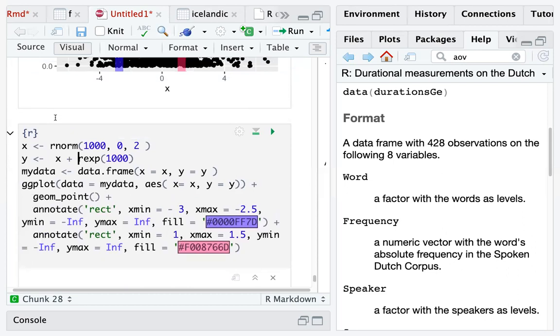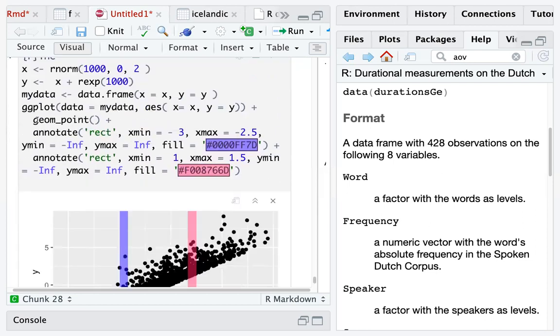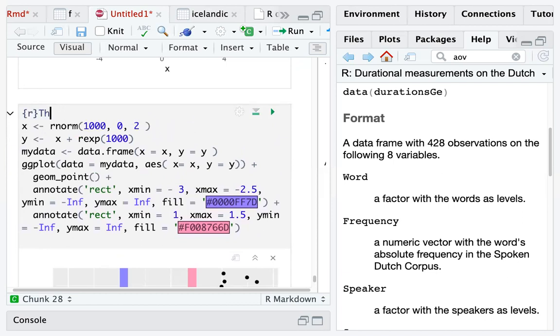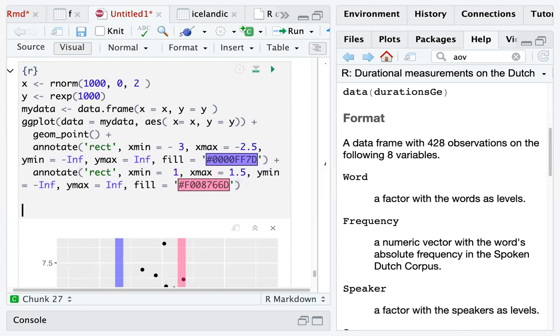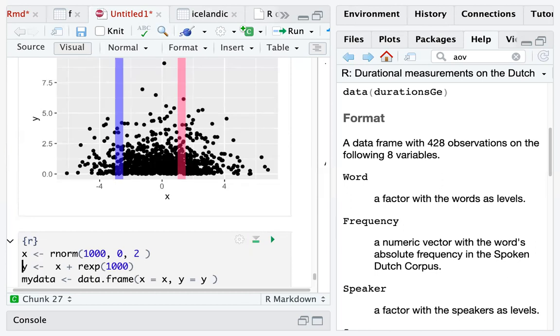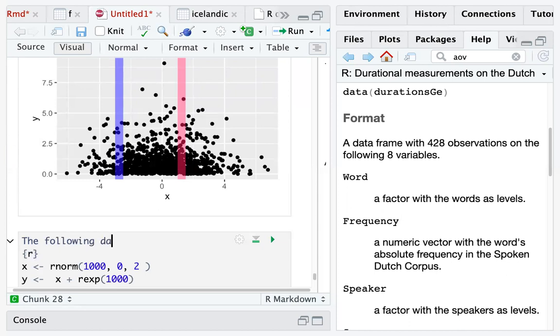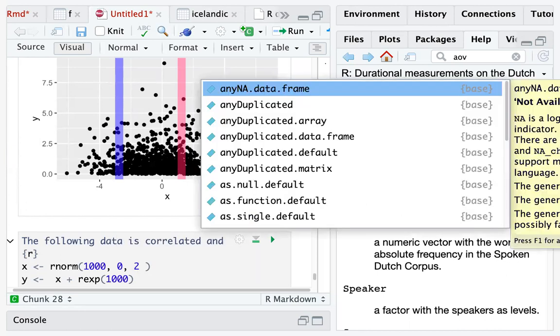The following data is correlated and dependent.